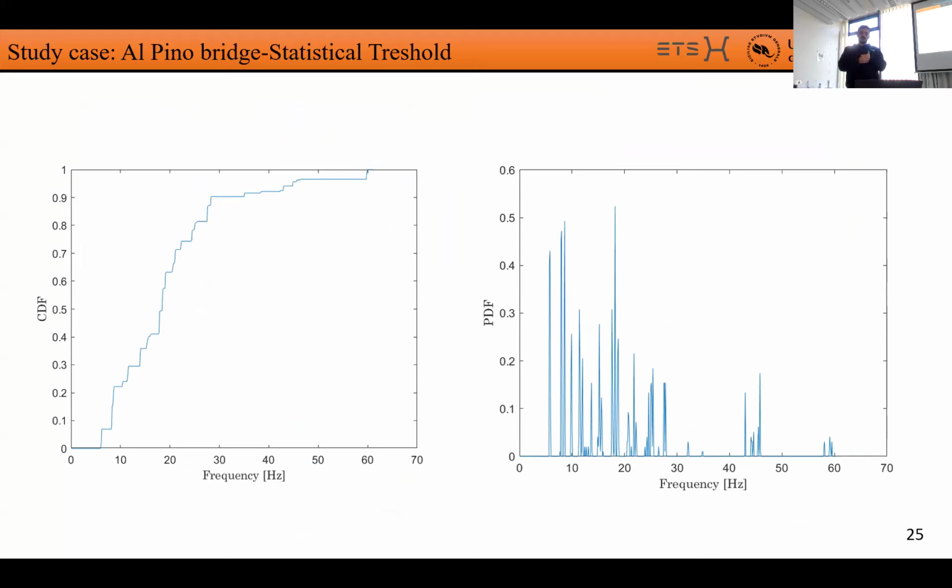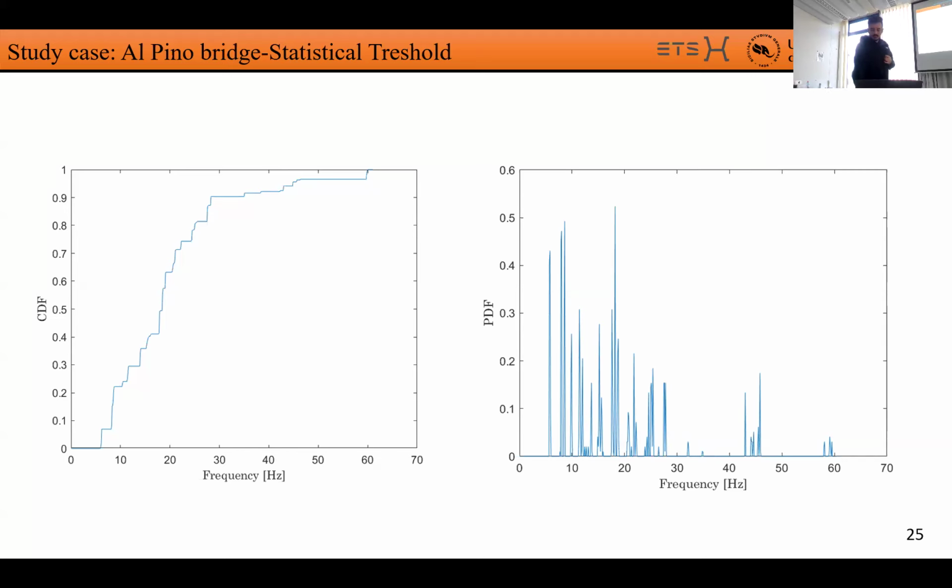The PDF is very useful in this case because it gives us some information on which are the most probable frequencies of the structure. But here I needed a way to automatically choose which are effectively the most probable frequencies, because obviously this PDF could vary, and I cannot be there always to take, okay, this peak, this peak, this peak.